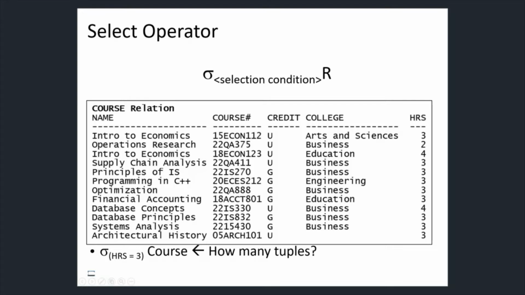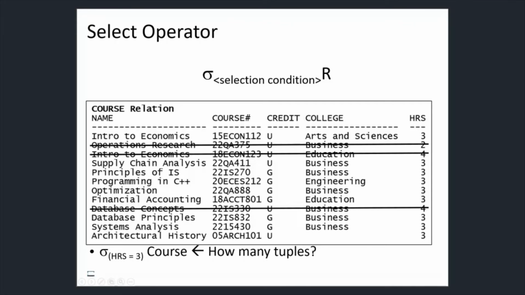Here we have our first example of the select operator. And what we're saying there at the bottom is we want to select all rows from the course relation that have hours equal to 3. And so the question we want to know is how many tuples will be returned, or what tuples would be eliminated when we run this select operator.